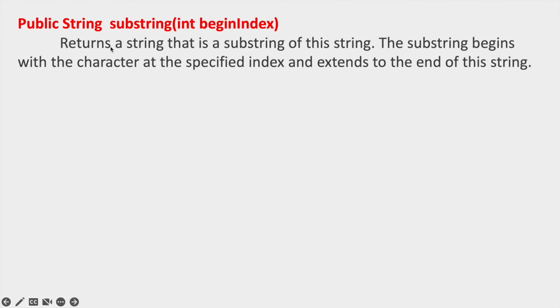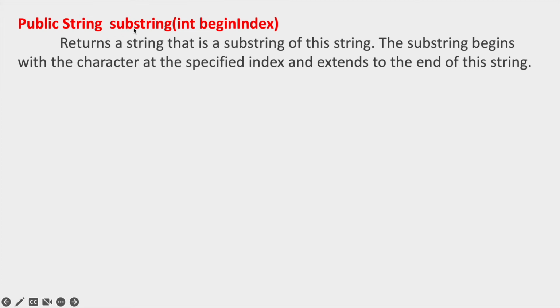Substring. This method returns a string that is a substring of this string. The substring begins with the character at the specified index and extends to the end of the string. In Java naming conventions, whenever a new word starts in the method names, the new word begins with uppercase. But here, substring is not two words, it is a single word.